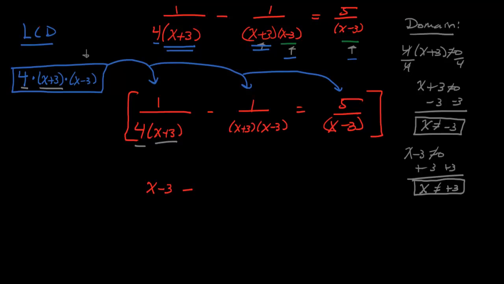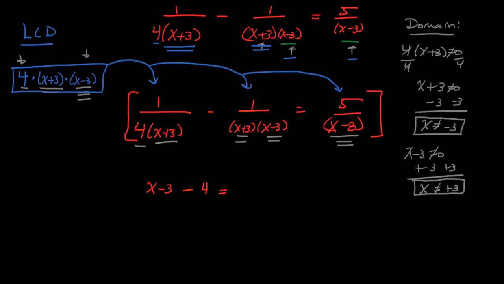I subtract. Notice here that this x plus 3 cancels with this x plus 3. This x minus 3 cancels with this x minus 3. And all I'd be left with is this value of 4. So I have minus 4. And this will equal, notice, I have an x minus 3 here, so I'll underline it.